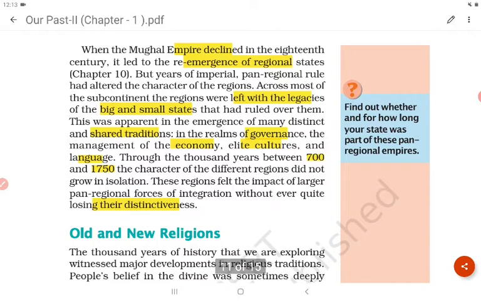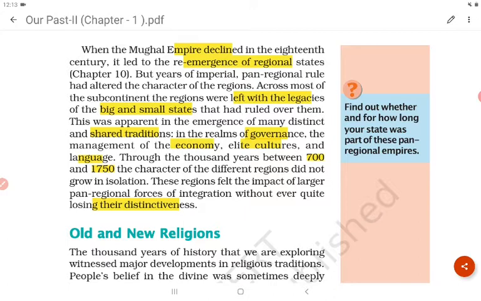When the Mughal Empire declined in the 18th century, it led to the re-emergence of regional states. But years of imperial pan-regional rule had altered the character of the regions. Across most of the subcontinent, the regions were left with the legacies of the big and small states that had ruled over them.